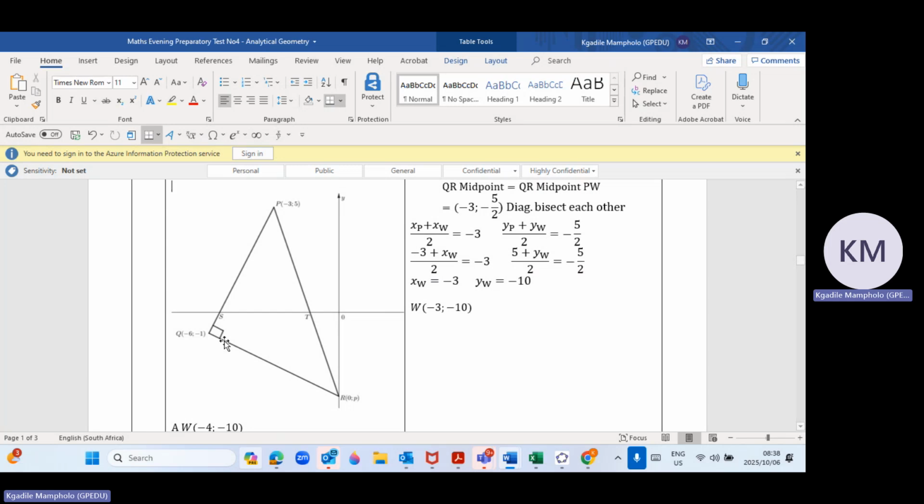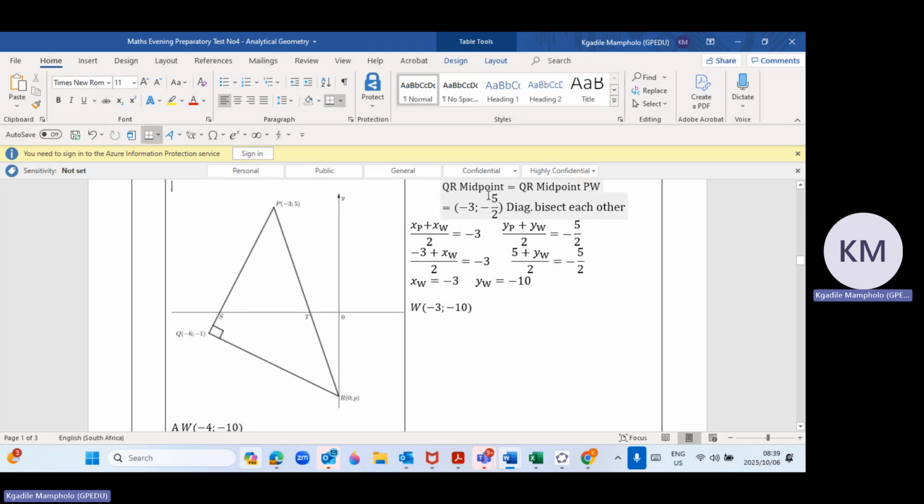So that is why we know that if you find an unknown vertex in a parallelogram, you first find the midpoint of the diagonal that has both the coordinates. So you'll find the coordinates of the midpoint of the diagonal QR. Then you'll say that the midpoint of diagonal PW is the same as the one of QR.